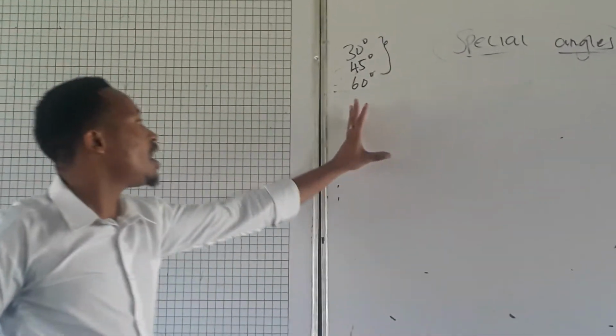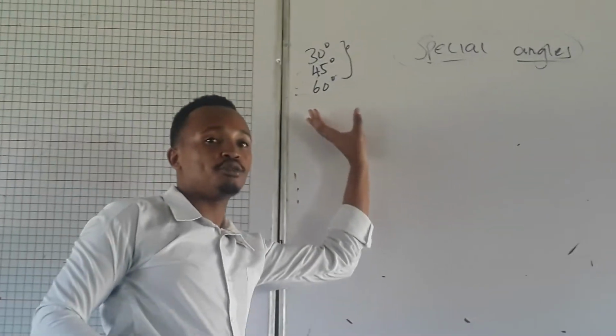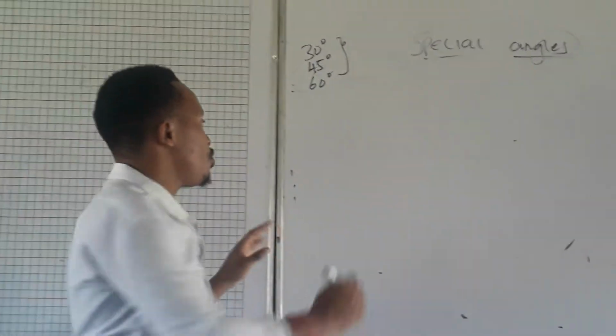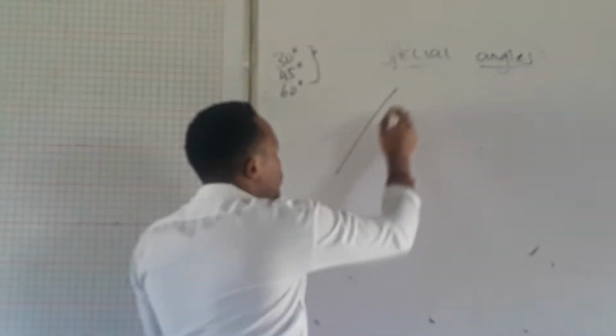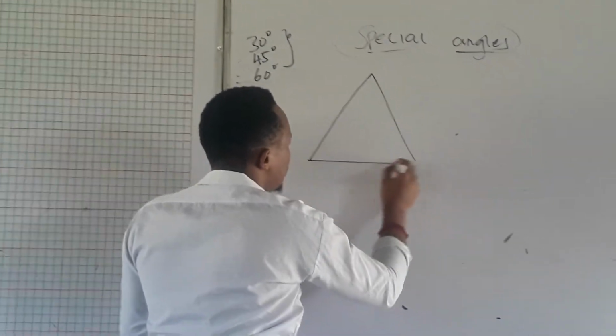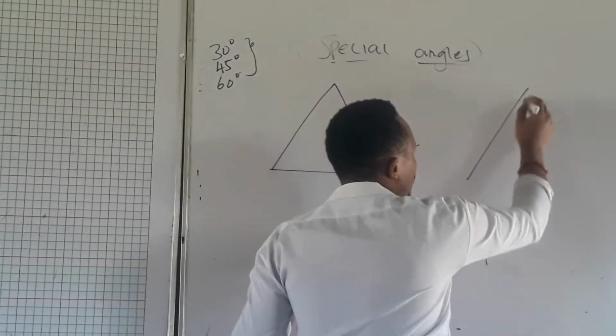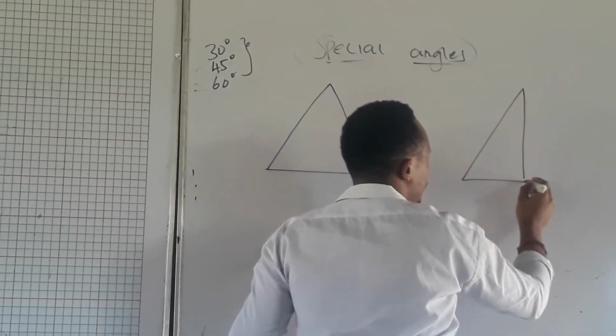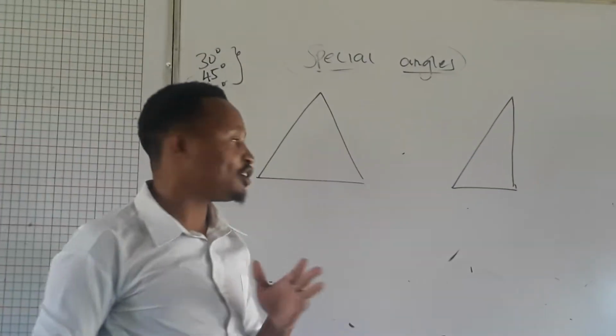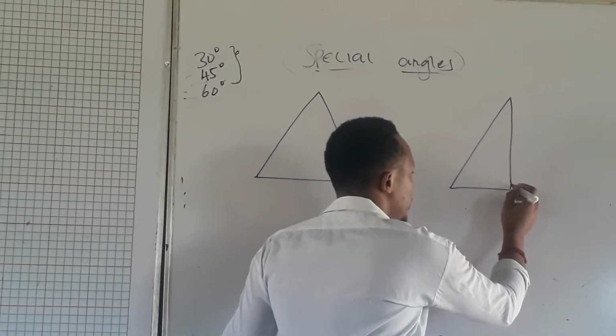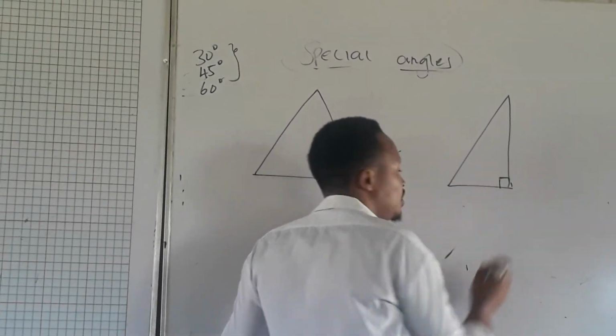For us to know why they are special angles, we have to look at two triangles. We have a triangle here, that is called an isosceles triangle, and another triangle, which is a right angle triangle. A right angle triangle is a triangle where this angle is 90 degrees.